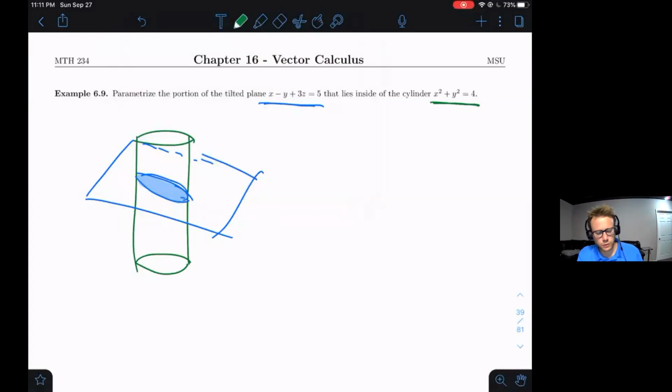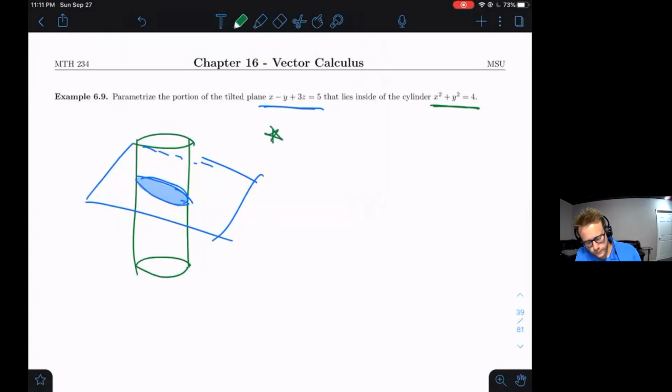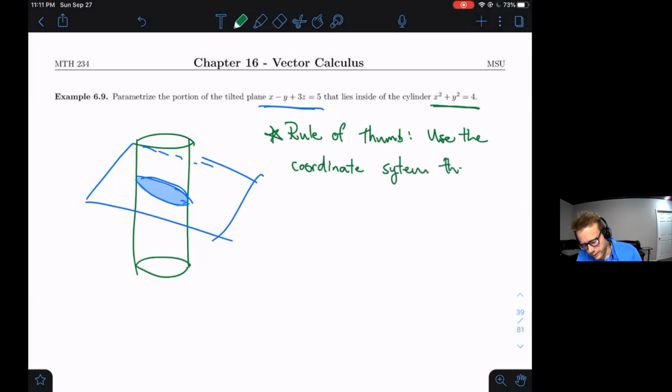And so let me give you a nice little rule of thumb. You should parametrize to your boundary. So, I'll say use the coordinate system that resembles or somehow encapsulates, looks best in the boundary.